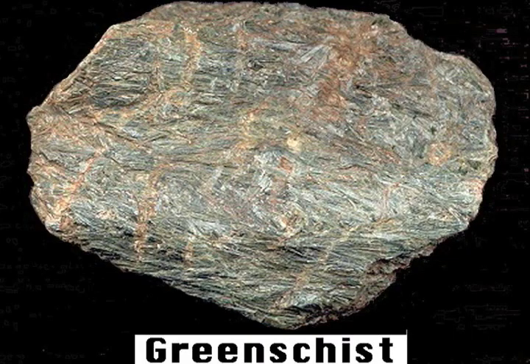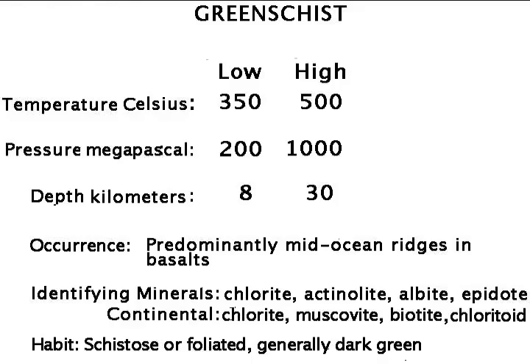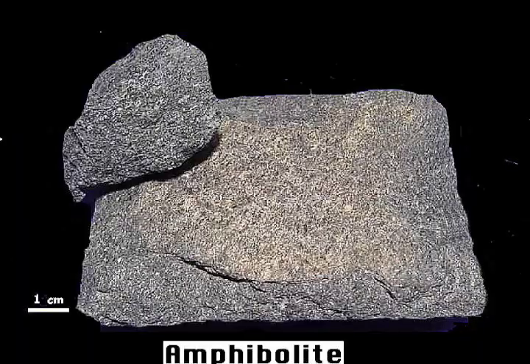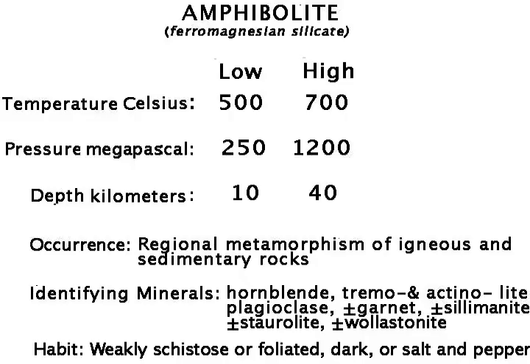Greenschists owe their name to the presence of the commonly dark green minerals chlorite and actinolite in the Barrovian succession of stages. Amphibolite is characterized by the presence of hornblende. 2 examples show a typical salt and pepper appearance. The salt is probably potassium feldspar.